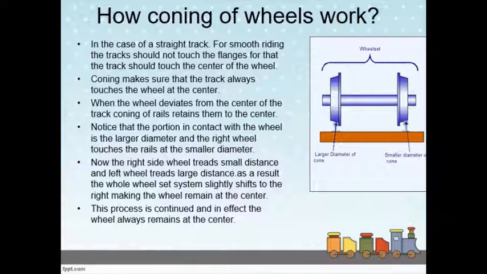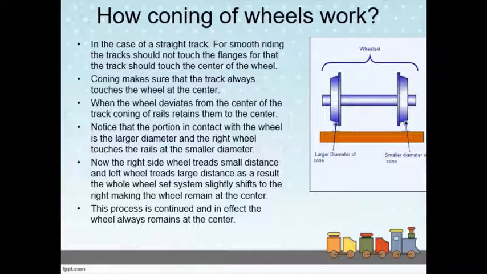Now let's see how coning maintains the wheel at the center of the track. Take the case of a straight track. For smooth riding, the track should not touch the flanges; the track should touch the center of the wheel. Coning makes sure that the track always touches the wheel at the center.